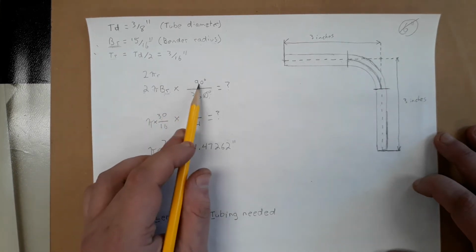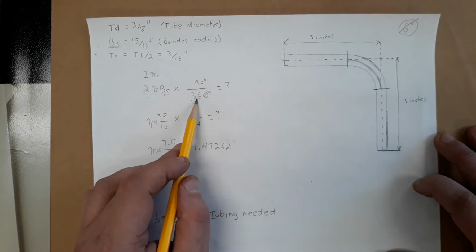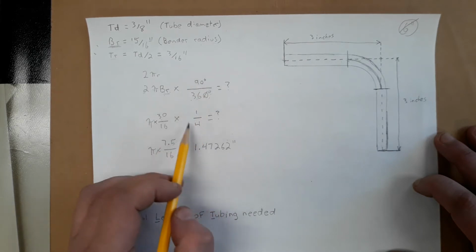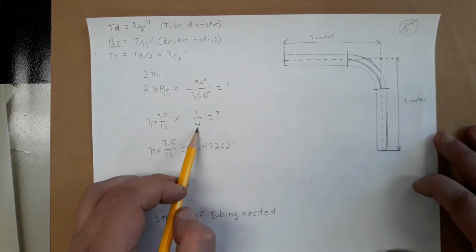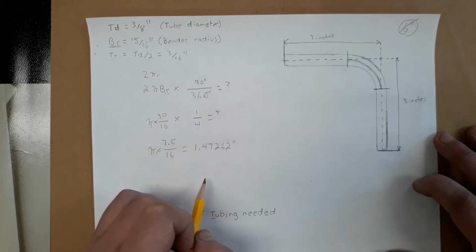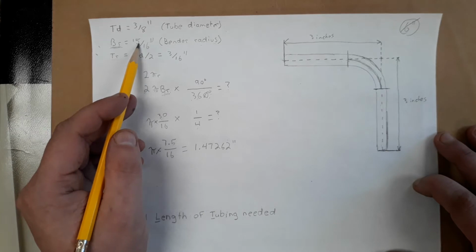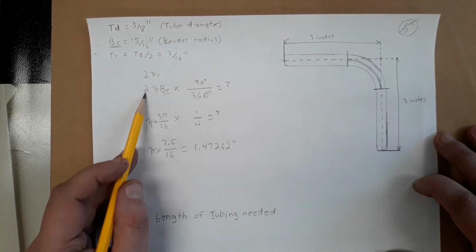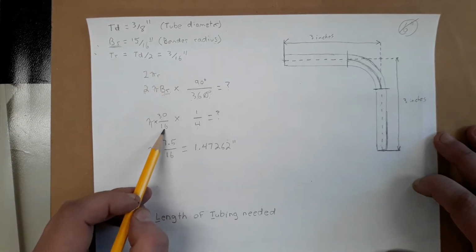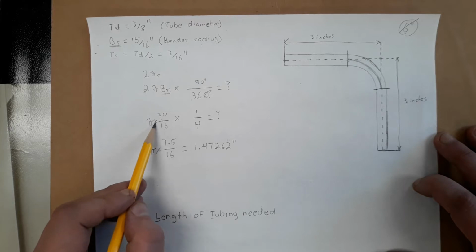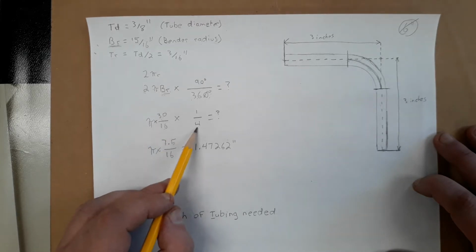I've done some reducing. 90 over 360 reduces down to 1/4. The bender radius, what I've done was 15/16. I went ahead and took the 2, multiplied it by that to get 30/16 just to shorten this up. So it's going to be pi times 30 over 16 times 1/4.